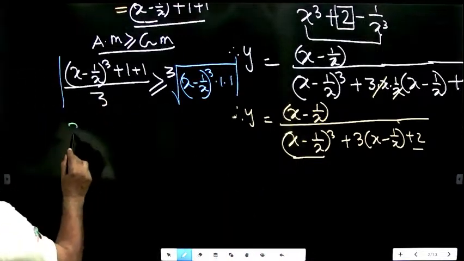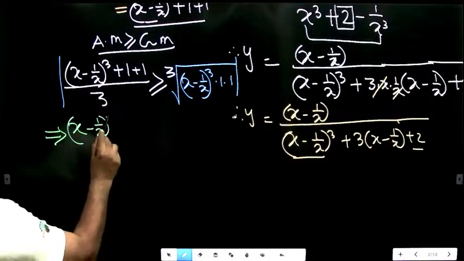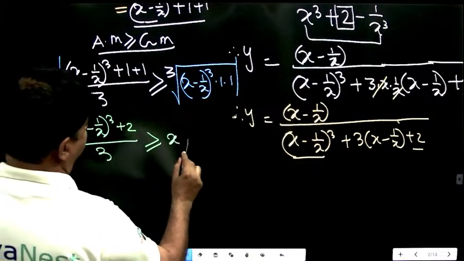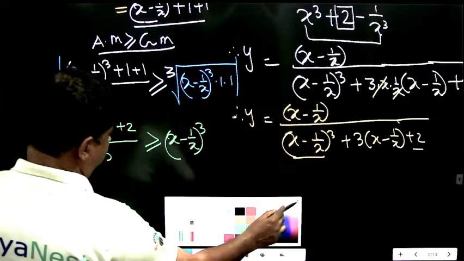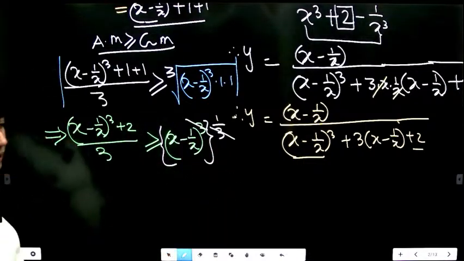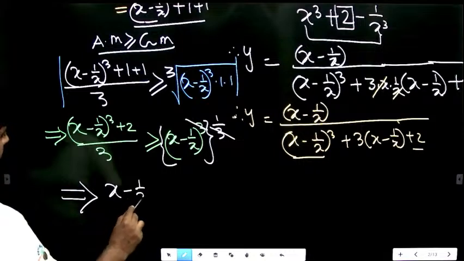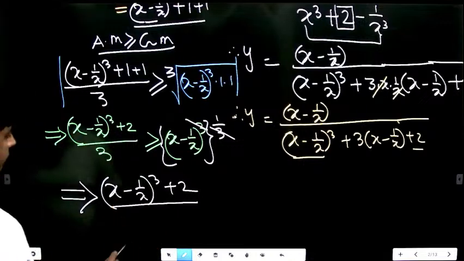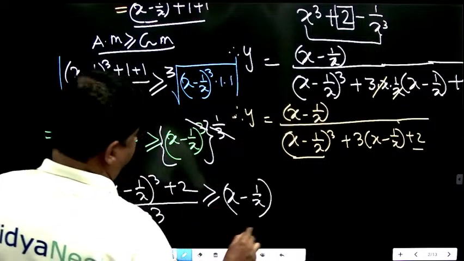See, this will give you three cancel. So we could reach up to this stage.